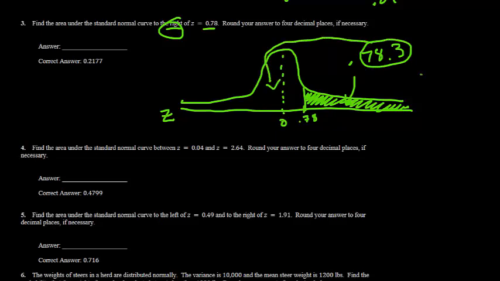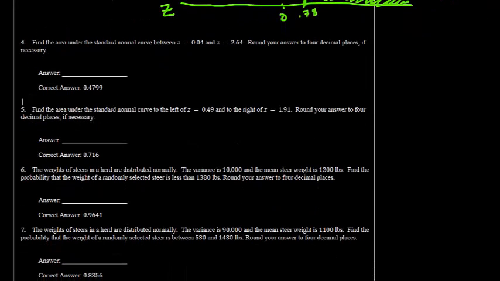So what we need to do is take 1 minus 0.7823, and that gives us whatever's on the other side of the z, which is 0.2177. Very good.